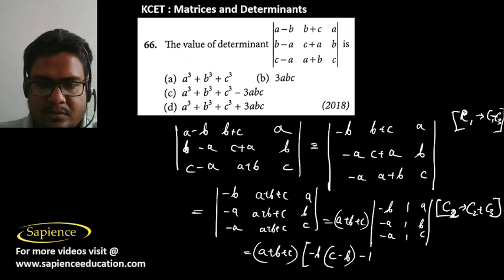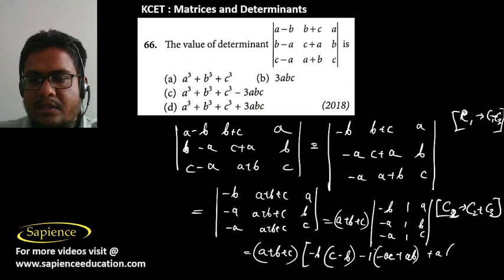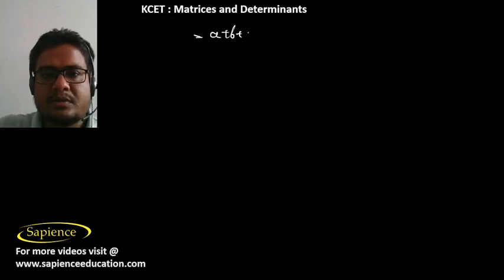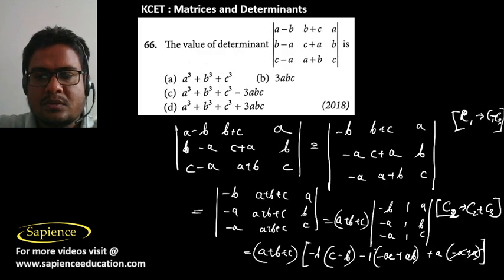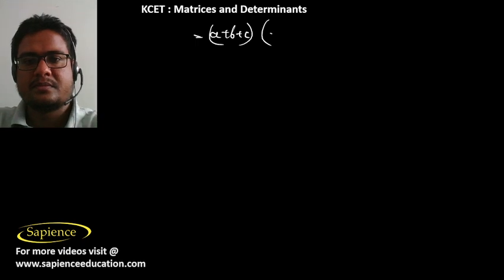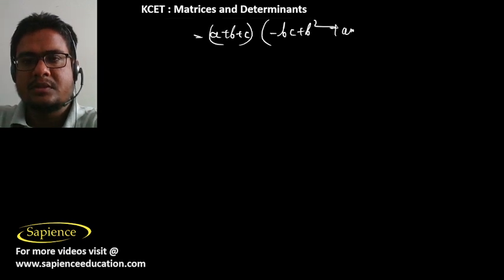So minus 1 into minus ac is ac, then plus a into minus a of minus a, that is plus a. This is 0. This will come a plus b plus c into minus bc plus b square, then plus ac, minus ab.